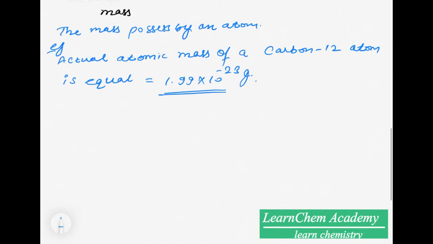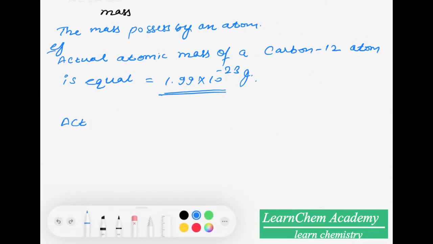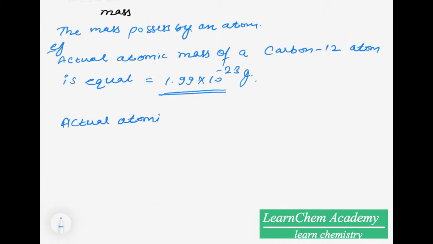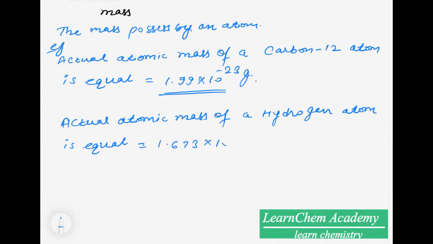Similarly, the actual atomic mass of a hydrogen atom is 1.673 into 10 raised to power minus 24 gram.